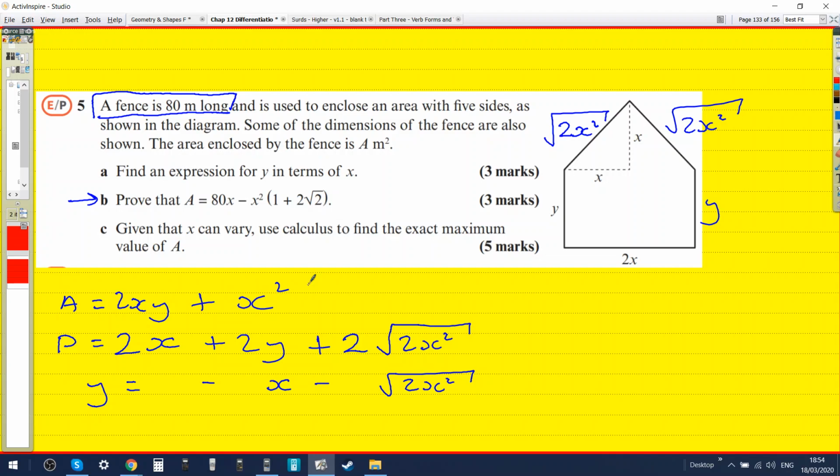Yes. So sub in 80 for p. And so p over 2 is 40. Yes. That's part A.